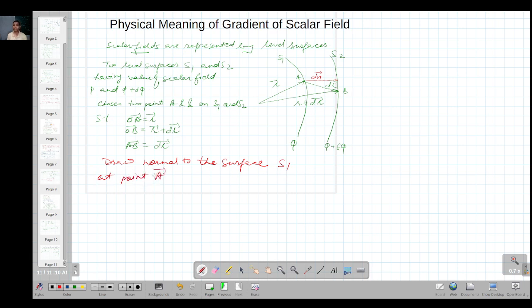Now what is the property of a normal? The normal between two surfaces shows the smallest distance between them, right?